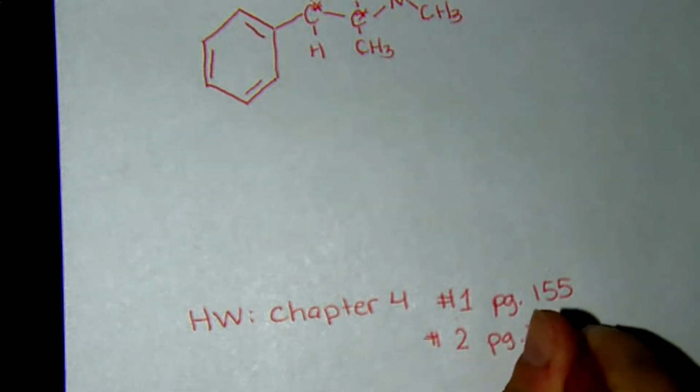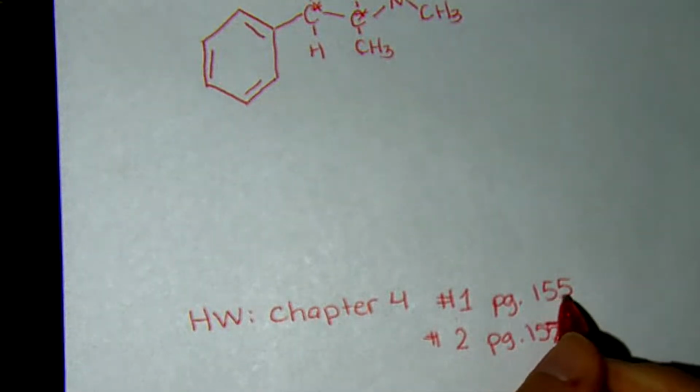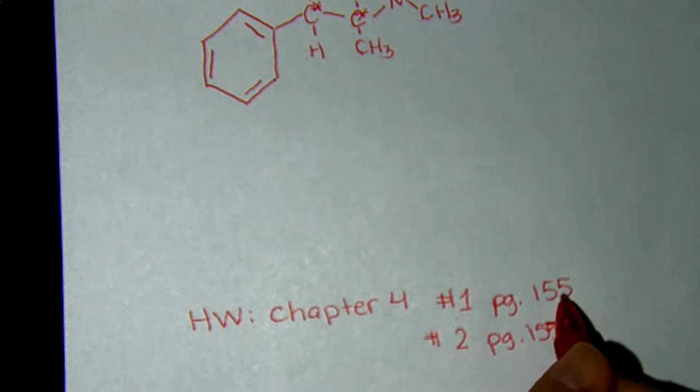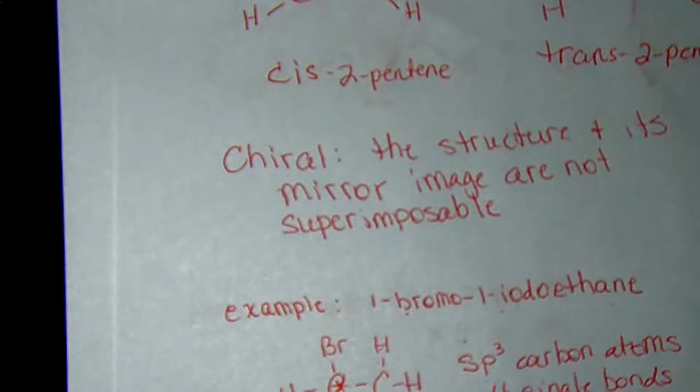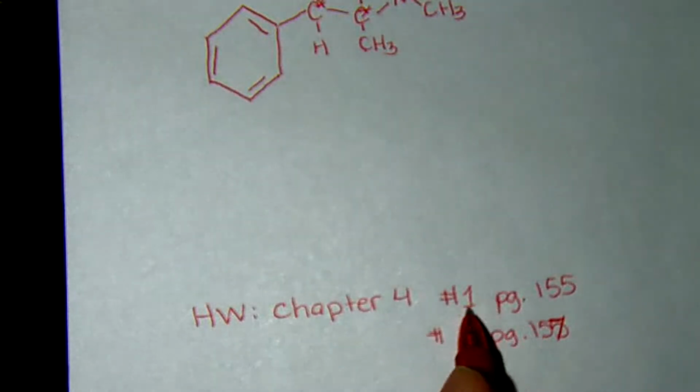This one's 157. 155 gives you a name, and you want to draw it like I drew our first one, and then look at the way you drew it and look at each carbon that has 4 single bonds and see if the groups that are attached are identical or different. If all 4 things are different from each other, that carbon will be chiral. So you want to draw those and find any chiral carbons.